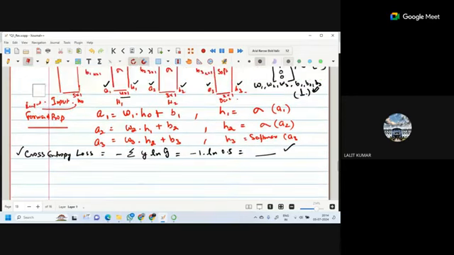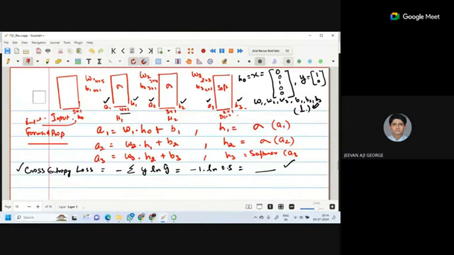Now, coming to backward prop. Excuse me, I didn't understand that, could you repeat that part? Okay. There is a question where they have given you that the true output value is 0.